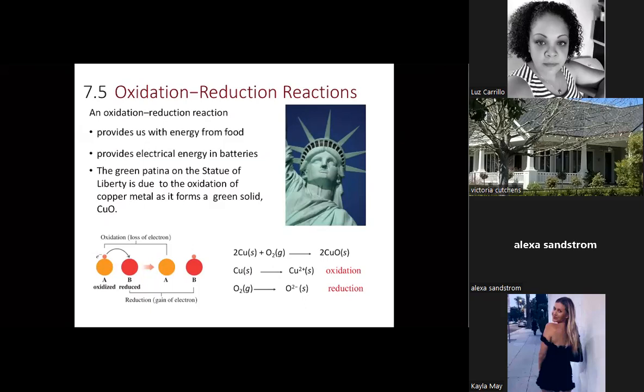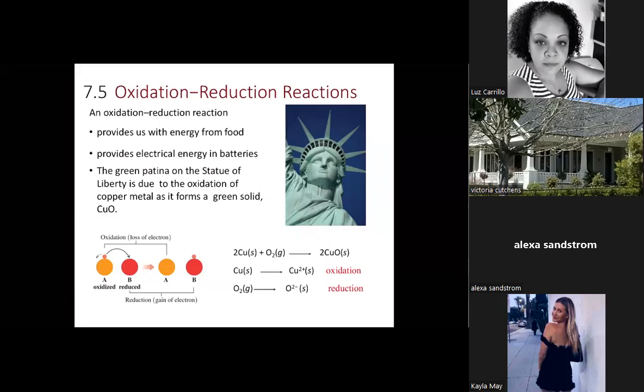They are incorporated into what is happening to the atoms in these type of reactions. Now, why are oxidation reduction reactions so important? In this class, we do not go over metabolism, but if you take physiology, you will be able to look at the process of glycolysis.